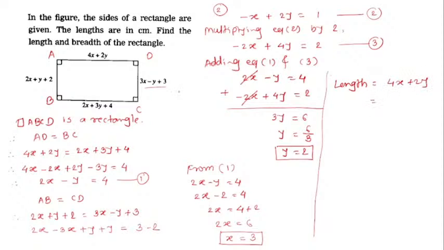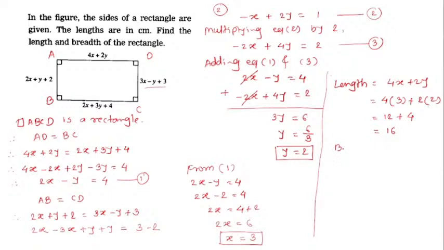In place of this 4x plus 2y, even if we take 2x plus 3y plus 4, the same answer will come. We substitute the values in this. Value of x is 3, so 4 into 3 plus 2 into y, that is 2 into the value of y, which is 2. So 4 into 3, that's 12, plus 2 into 2, 4, 12 plus 4, that's 16, so length is 16.